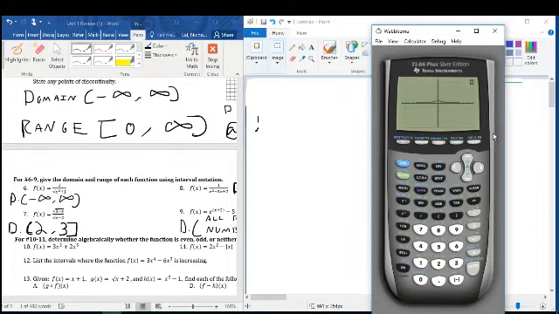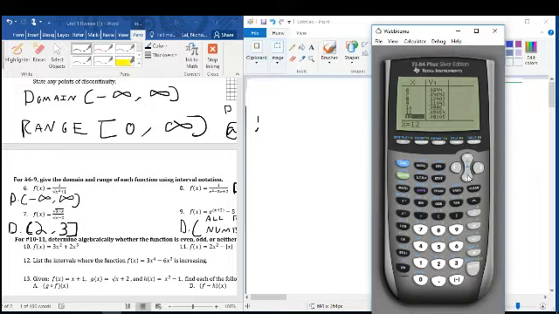Second table. It looks like the highest value is going to be 1. It's just going to get smaller and smaller in either direction. But the highest value will be 1, and that's when x equals 0. And the reason why is because the function is going to get closer and closer to 0 as x gets larger.